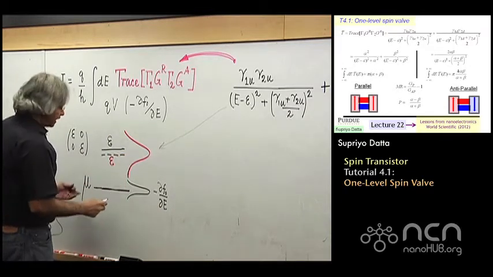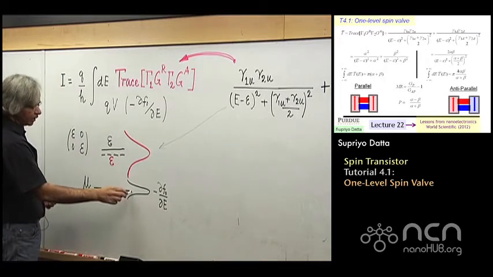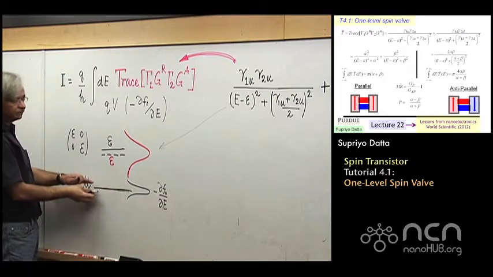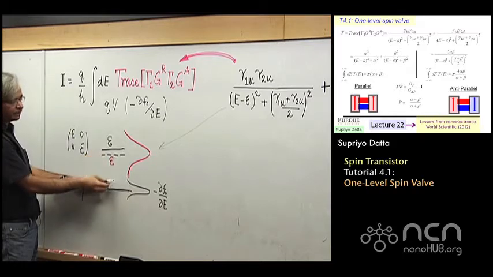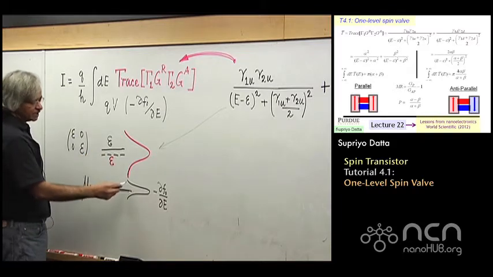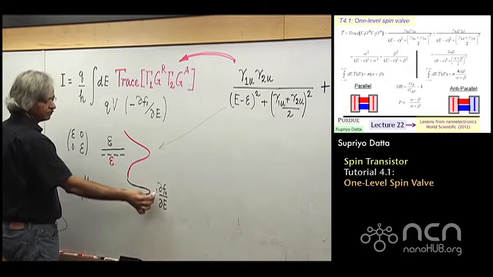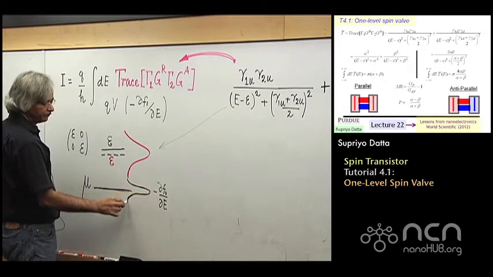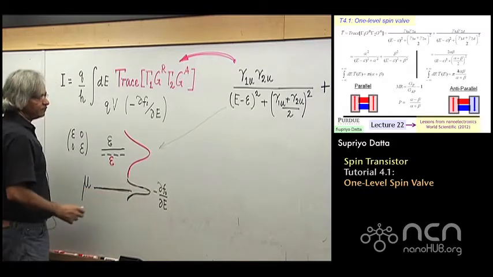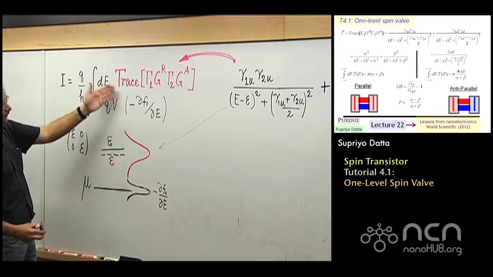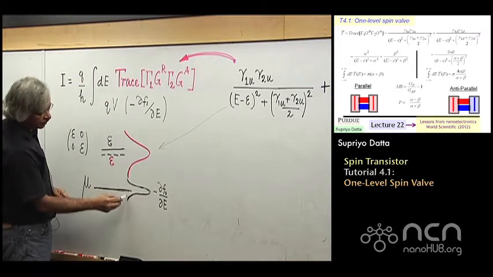Okay. And let's say we have your chemical potential somewhere down here, way below that, and your temperature is such that if you looked at the thermal broadening function, that is the broadening of the Fermi function, it looks something like this. Okay. What that means is when I'm doing this integral, basically I'm just looking down here.